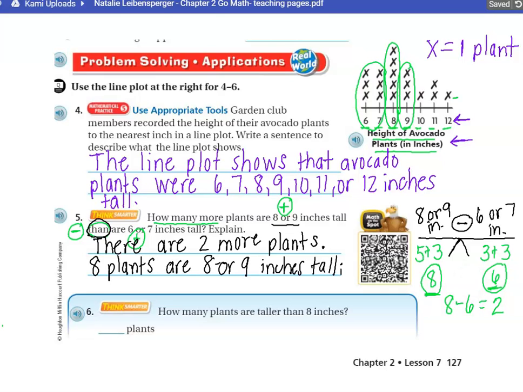And then 6 plants are 6 or 7 inches tall. And I put a little semicolon here to separate the 2 facts that I put. And I am going to write my problem that I solved. I'm going to put that here. 8 minus 6 equals 2.